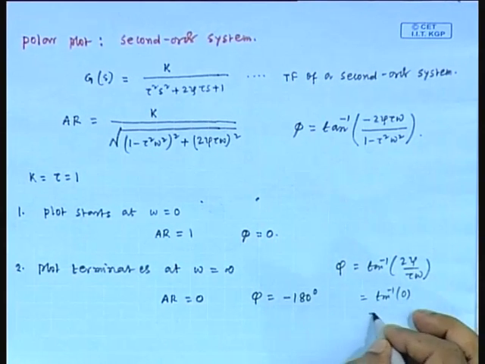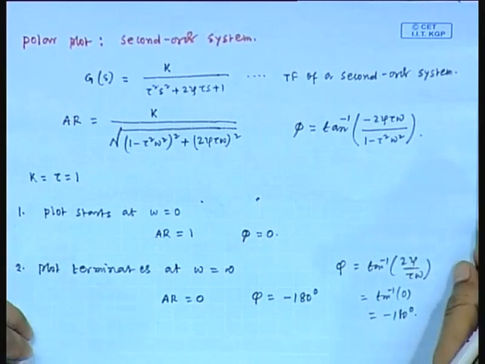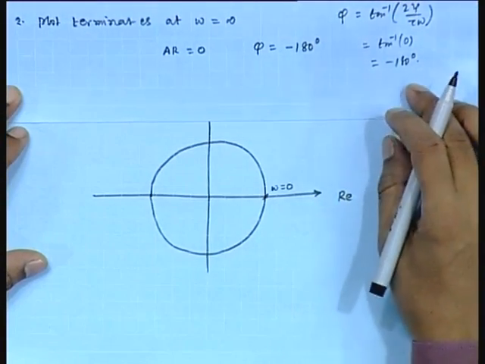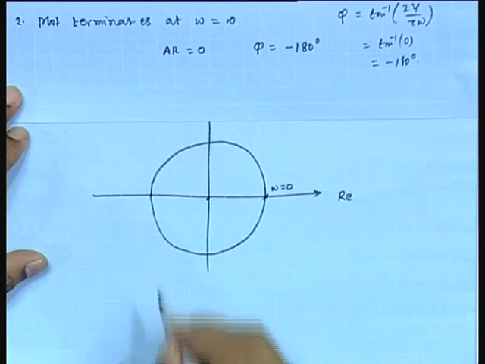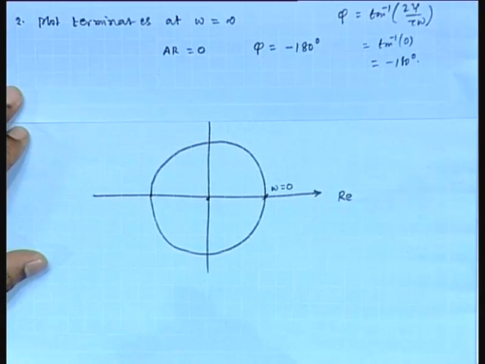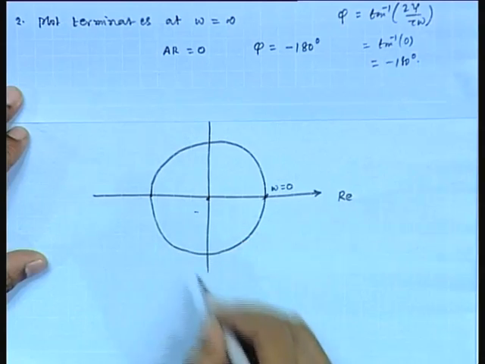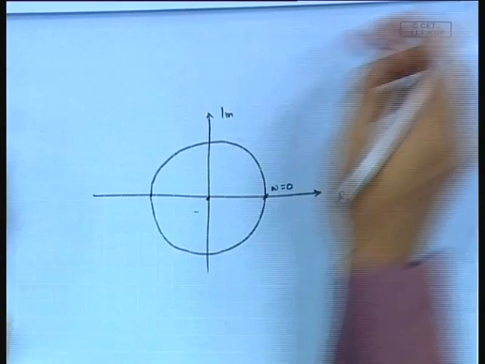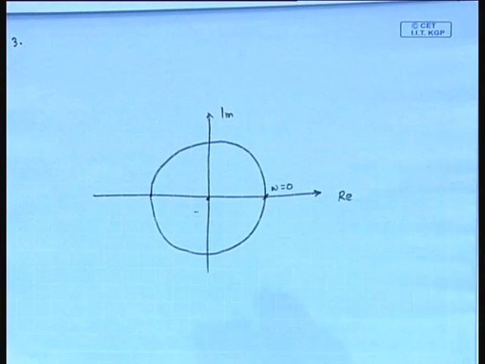Tan inverse 0 and this we consider minus 180. So, what will be the end point in this complex plane? Here, but the polar plot should go through this quadrant. Next, we need to generate some intermediate data.